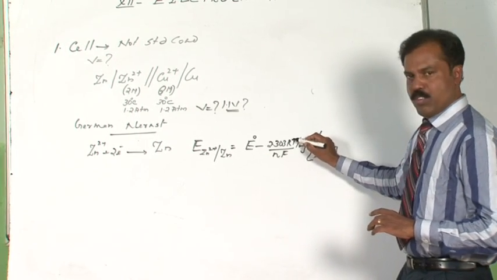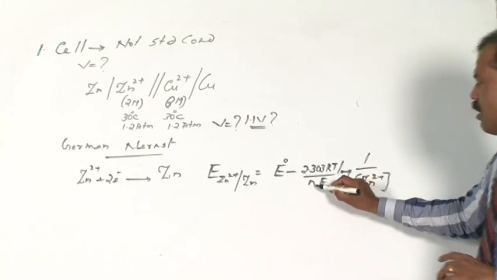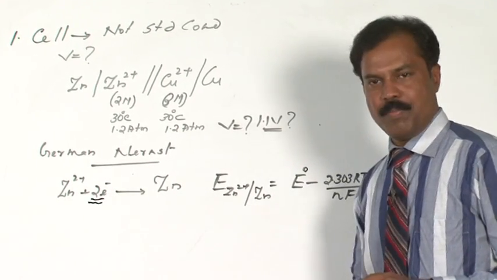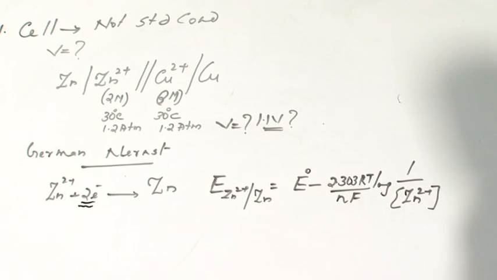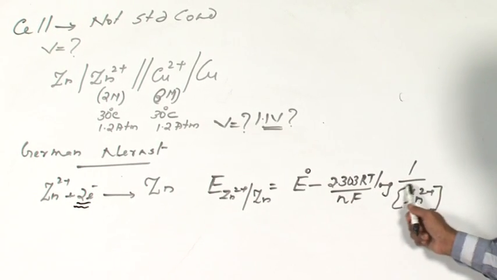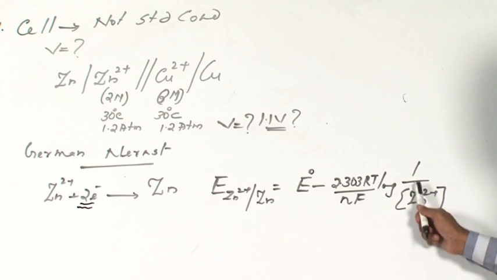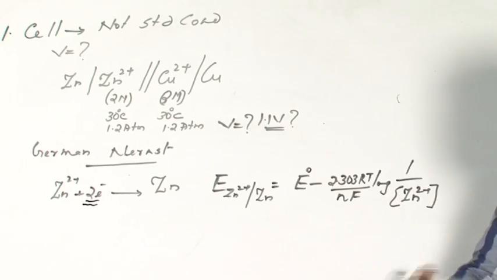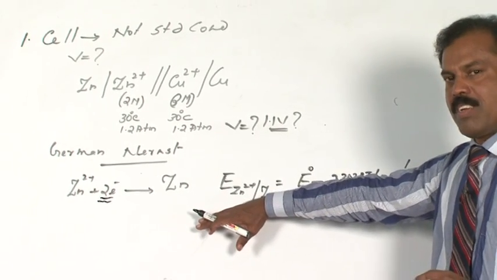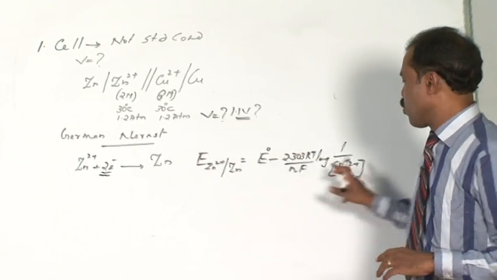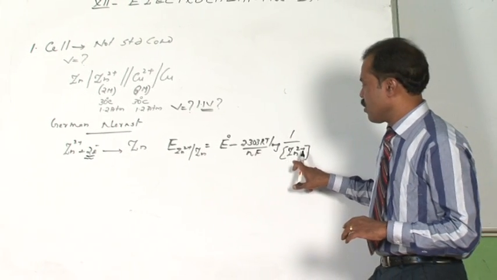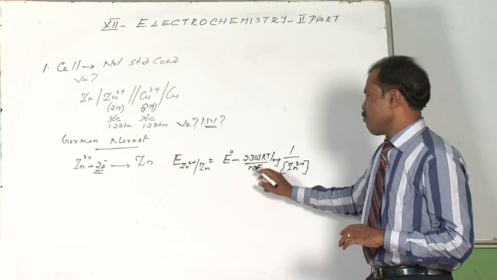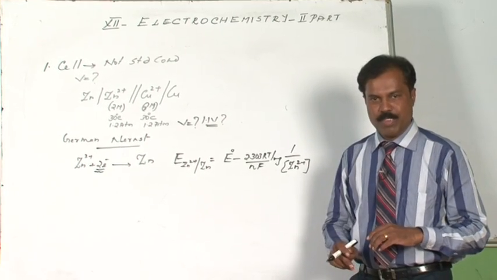R is the gas constant, T is temperature in Kelvin, n is the number of electrons involved in the reaction, F is Faraday, and this is the concentration of Zn2+. So the EMF of the cell depends on so many factors, not only the concentration. It depends on the temperature and on the number of electrons involved.